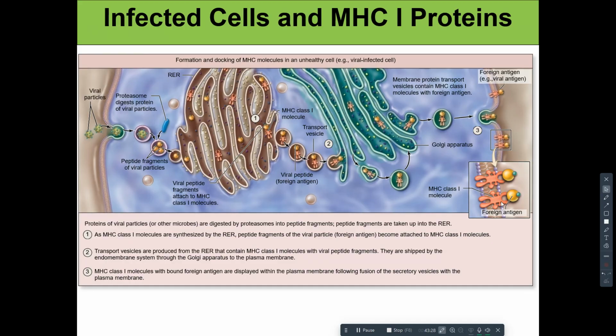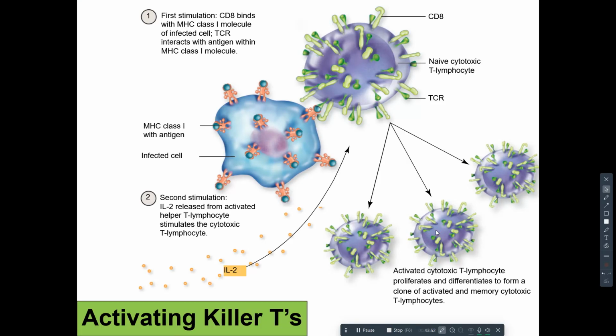And now it's displaying viral proteins on its surface, via its MHC1 molecules. This is a way to say, hey, I've been infected with this particular virus. Now, who are we displaying these for? They're displaying it for a naive cytotoxic or killer T cell.